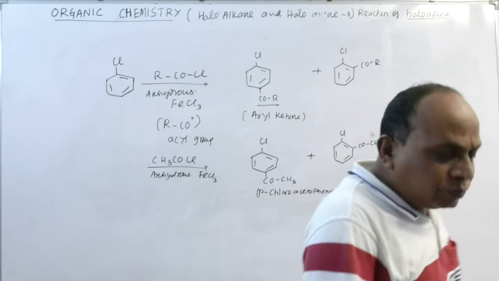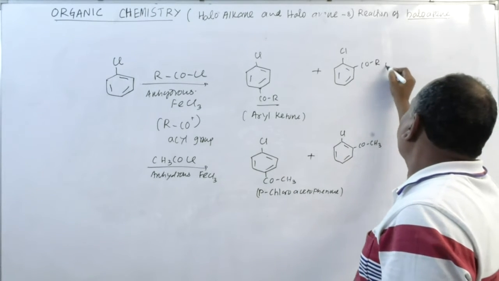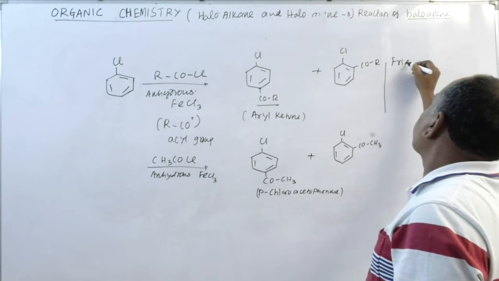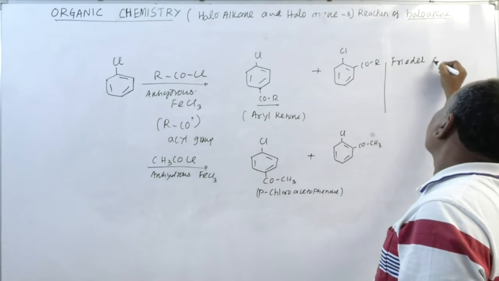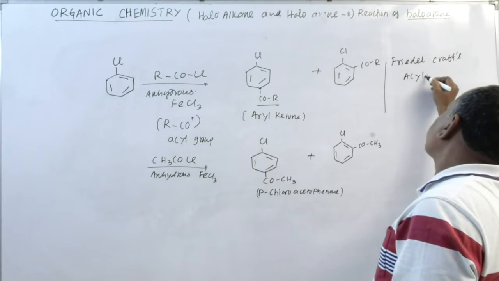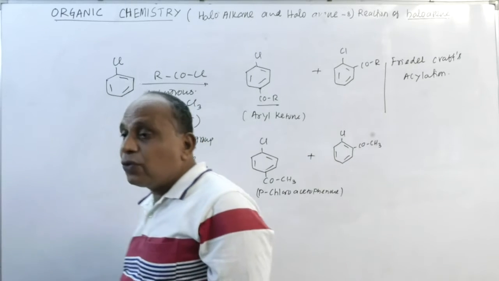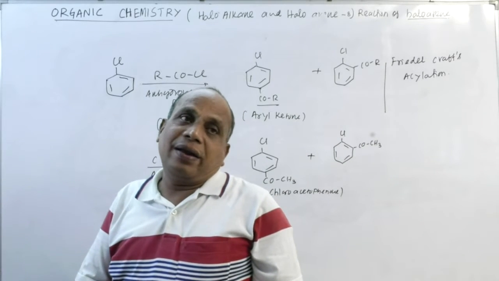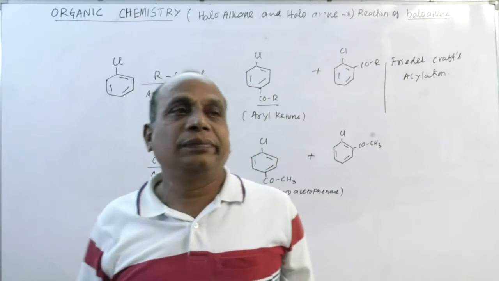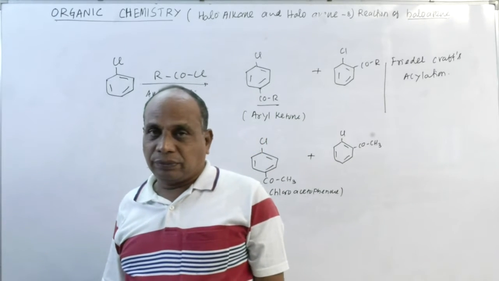Okay, students, this reaction is called Friedel-Crafts acylation, because an acyl group is substituted in the benzene ring of chlorobenzene, at either the ortho or para position.